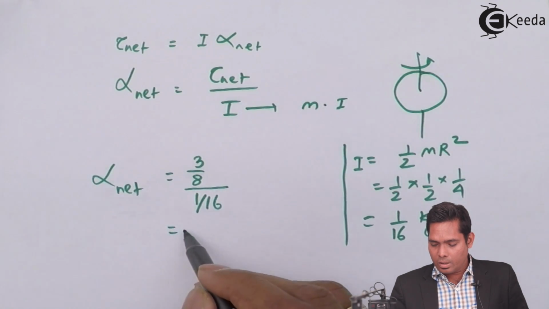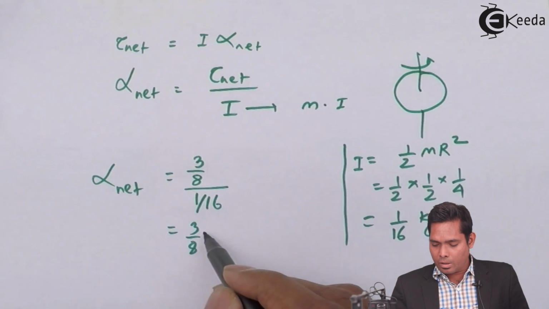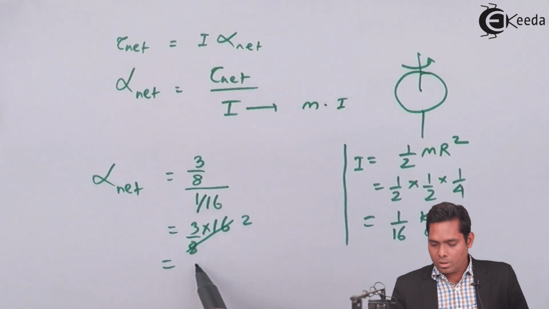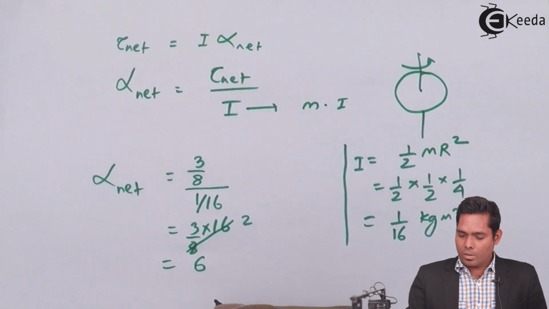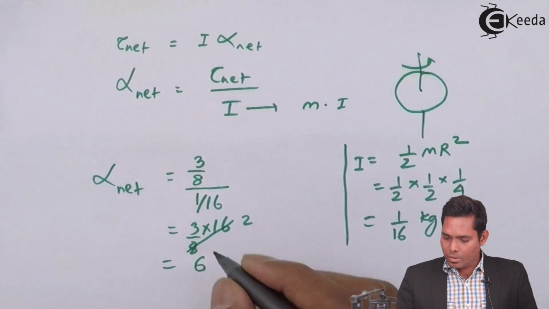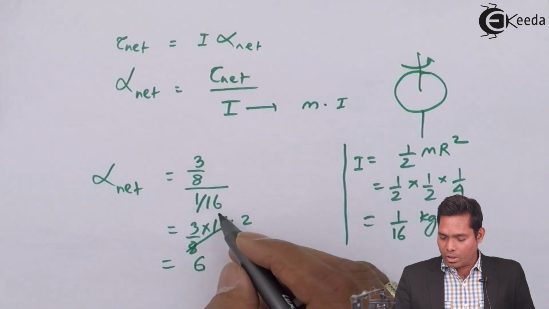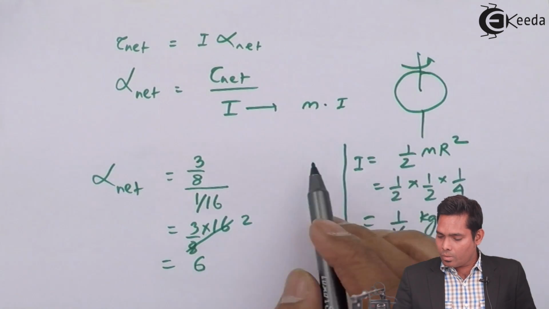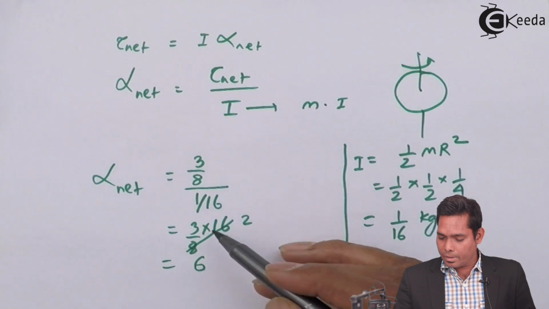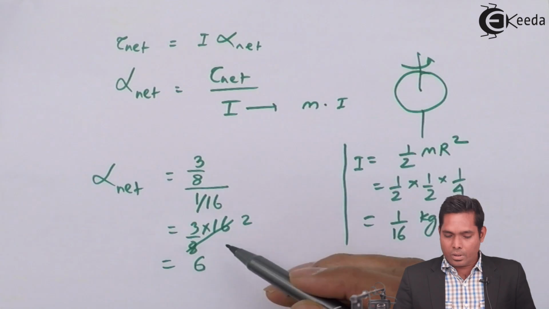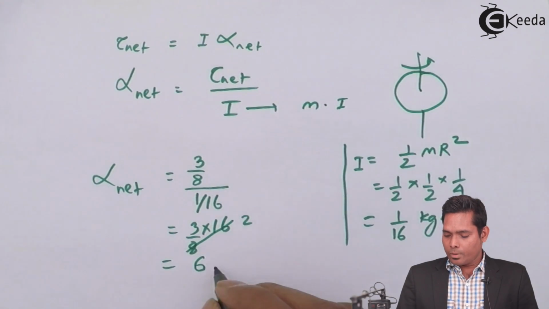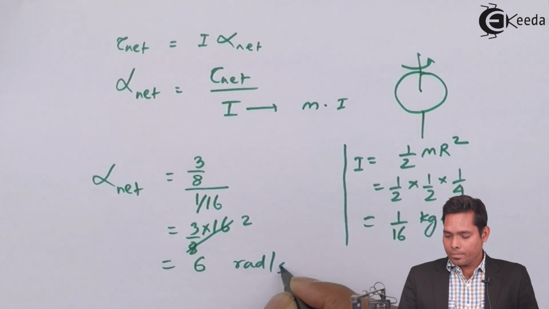So it is 3 divided by 8, 16, 8 twos are 16, 3 times 2 is 6. So it is 6 radian per second square.